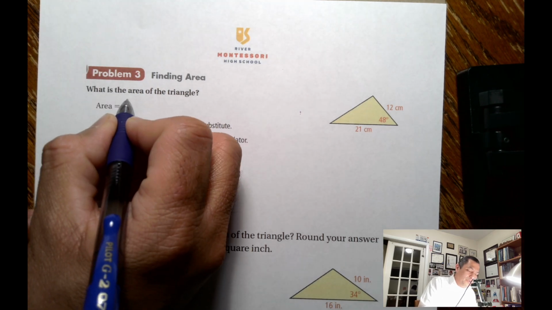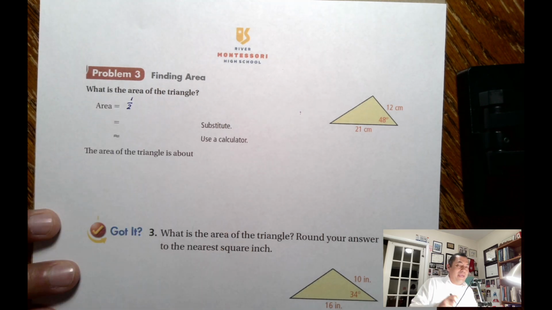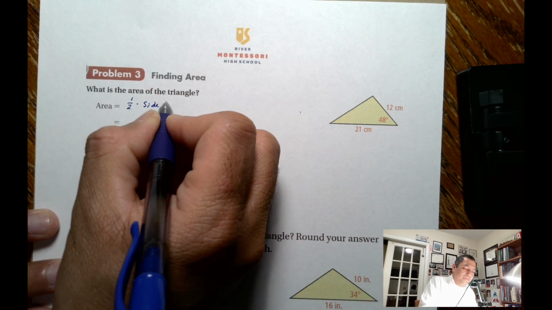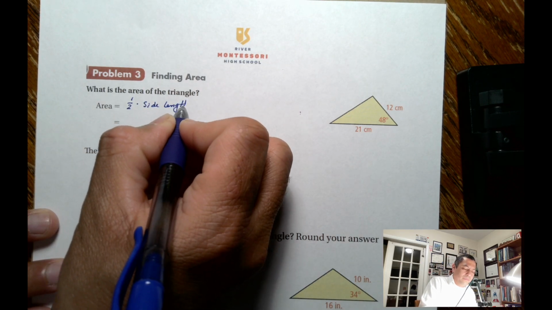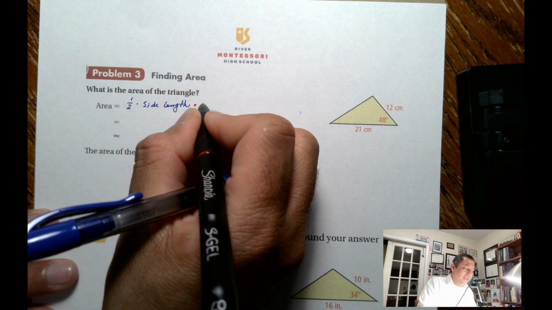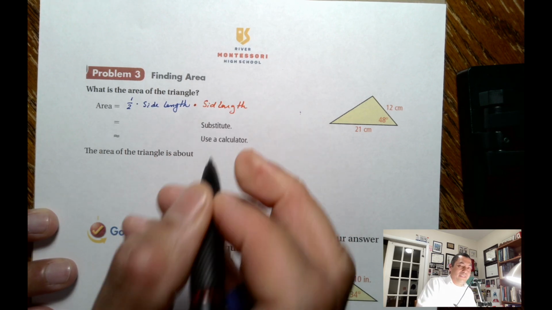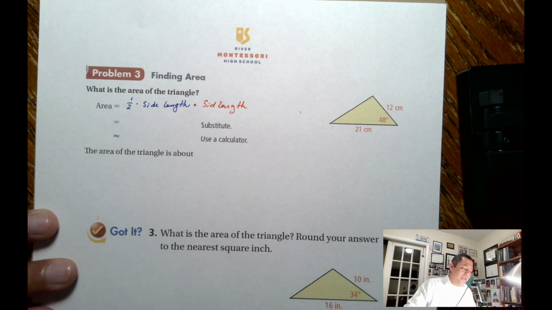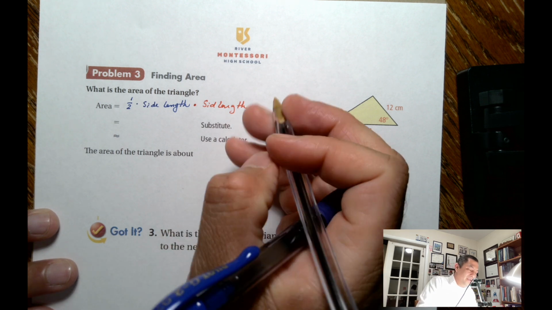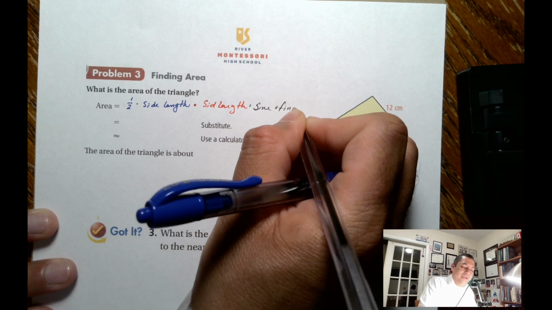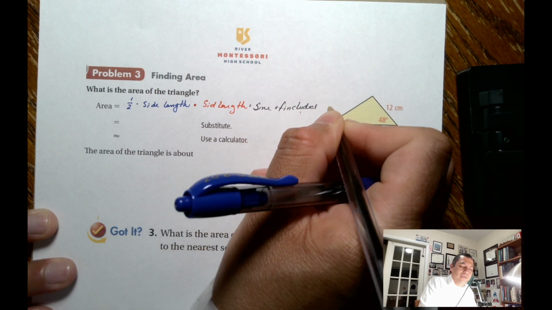The area is equal to 1/2. And because I don't have ABC, I'm going to just put as the formula the side length times the side length, the two side lengths, times the sine of the included angle.